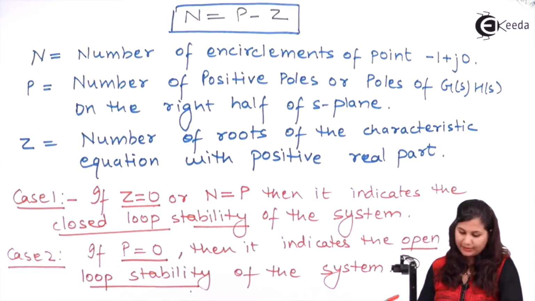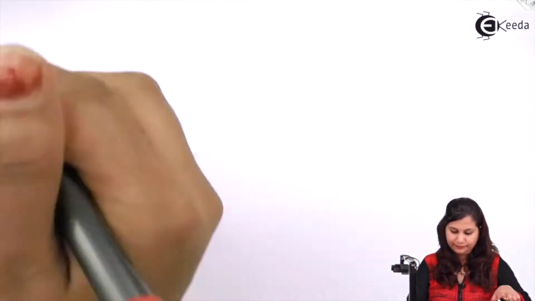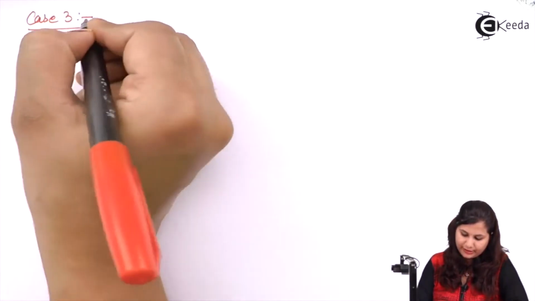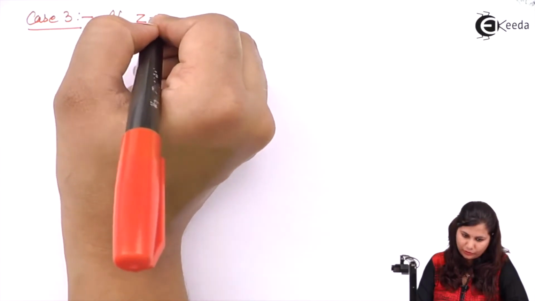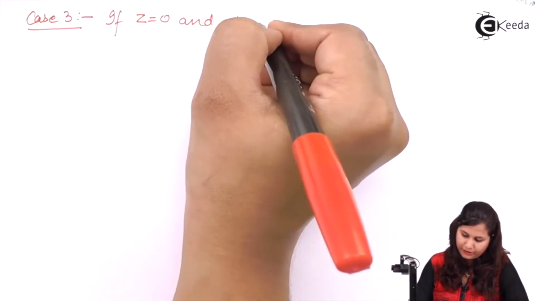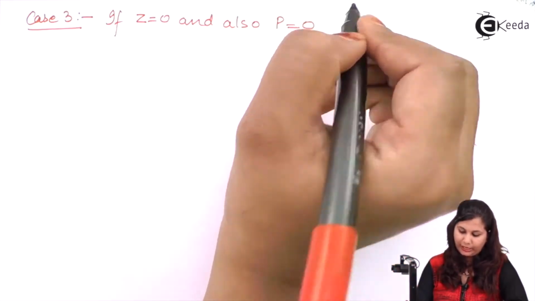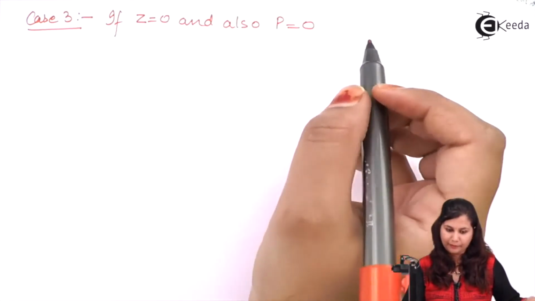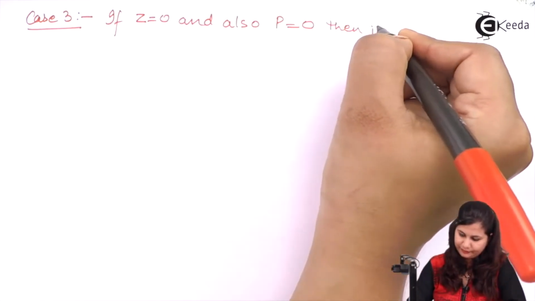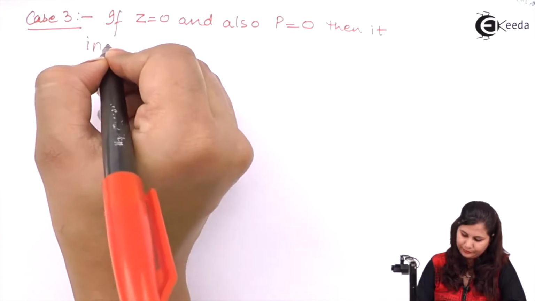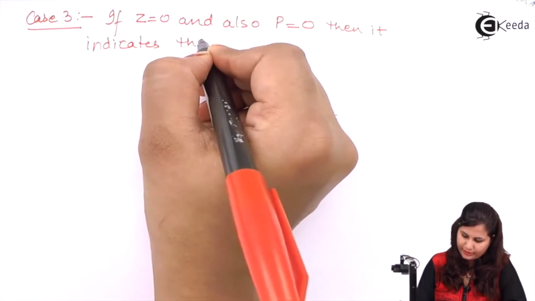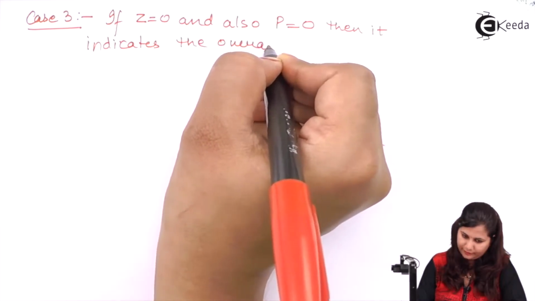Now case number 3. Case number 3 is if Z equals 0 and also P equals 0, that is, Z is 0 and P is also 0, then it indicates the overall stability of the system.